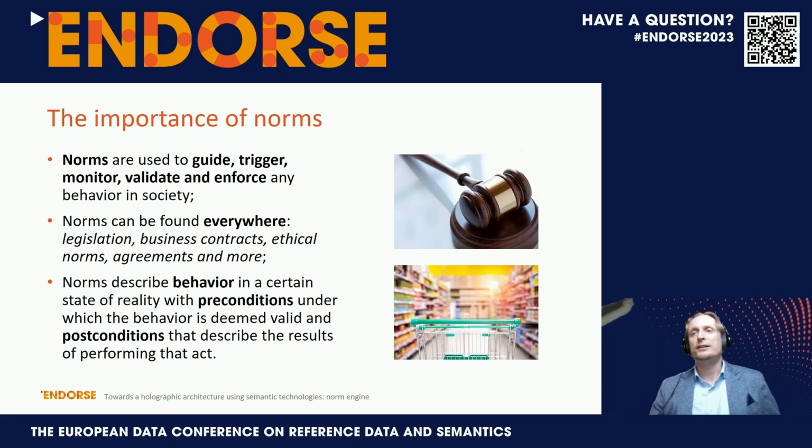Basically anything where it says, thou shalt do this, or I must do this. Norms describe valid behavior: when is behavior seen as valid, as compliant? What preconditions and requirements do we state for that behavior? And how does that behavior change the state of affairs, the world wherein that behavior is effected?